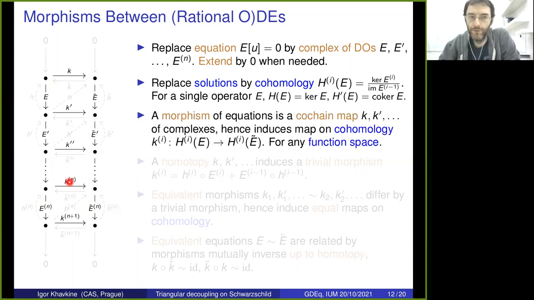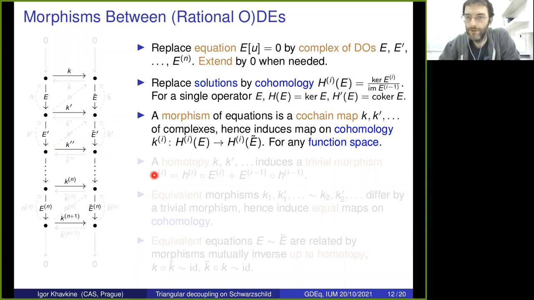Once you have two complexes of differential operators, a natural notion of morphism between them is what's sometimes called a cochain map. It's a ladder of differential operators that map between the two complexes such that all the squares commute. So the composition of E post-composed with K prime has to equal K post-composed with E tilde here, and the same for all the boxes.